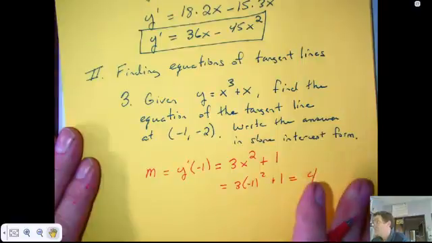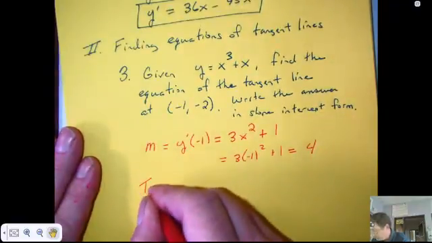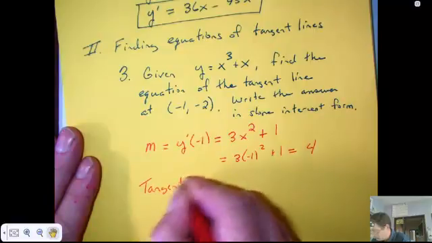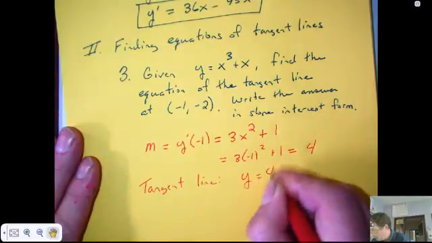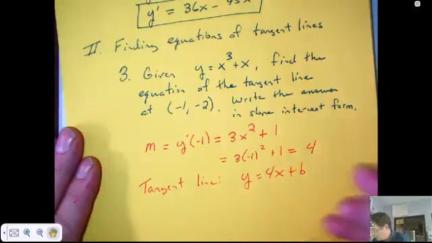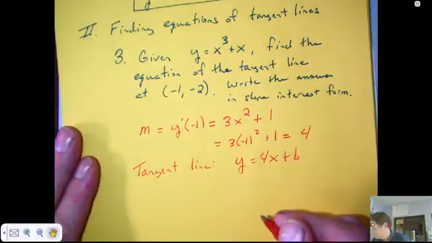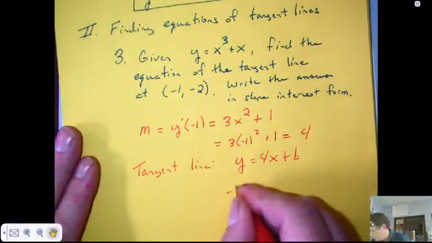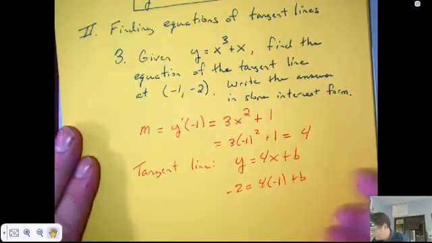So that means that the tangent line, we have y equals 4x plus b. And now it's just how to find b, right? How do I find b? Negative 2 is 4 times negative 1 plus b.